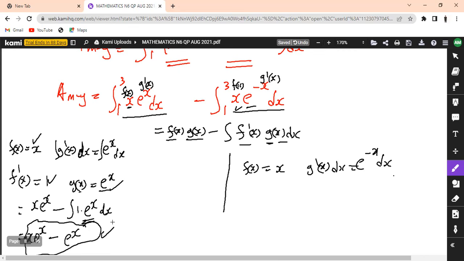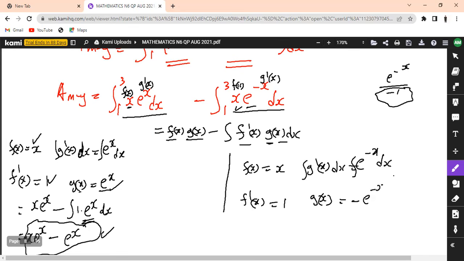Okay, so f prime x, we already calculated, it's 1, and if you integrate both sides, we're going to have g x, which will be equal to e to the exponent of minus x over the first derivative, which is minus 1. So it's going to be minus e to the exponent of minus x, because there's a minus 1 like that. Okay, so now let us just combine into our formula here.